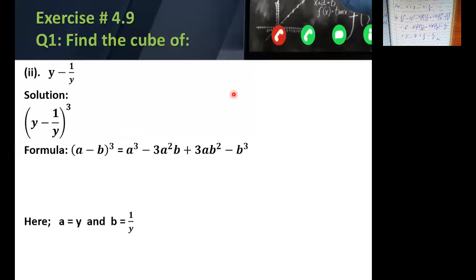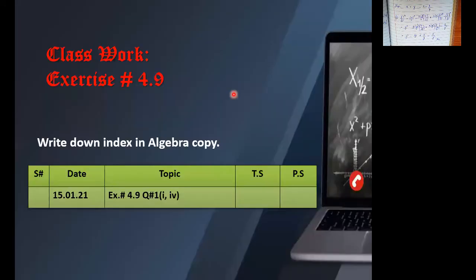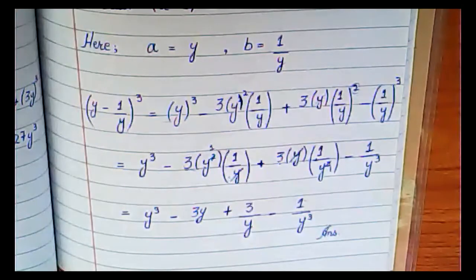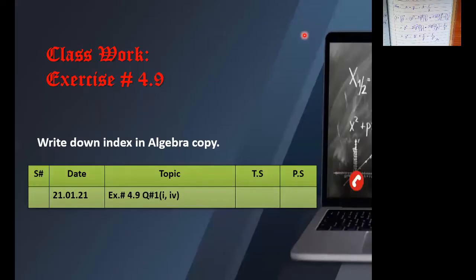I have explained this question. Now this is your class for today. So copy down the index, write down the index in your algebra copy, and please correct the date. Just a minute. Everyone, write down the index.